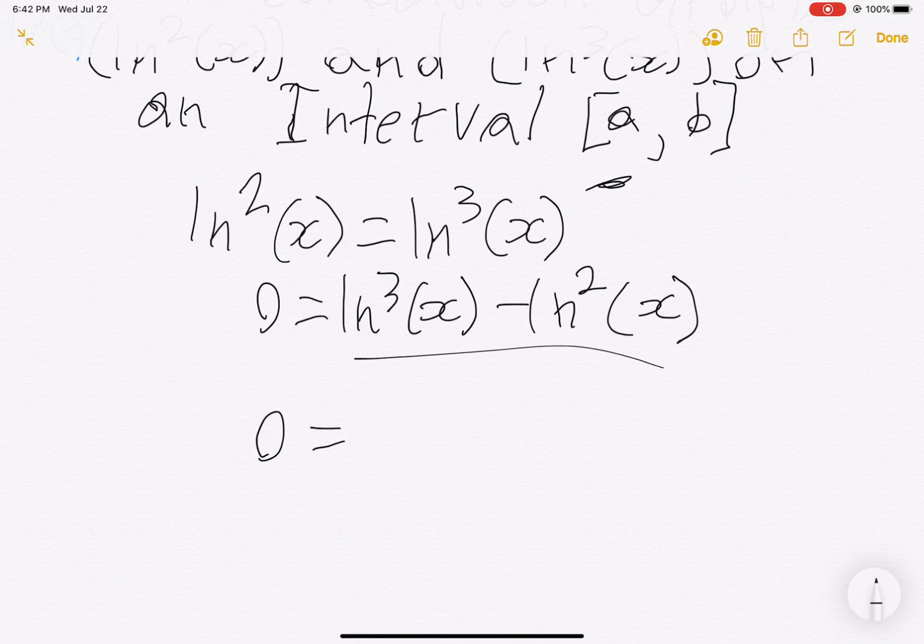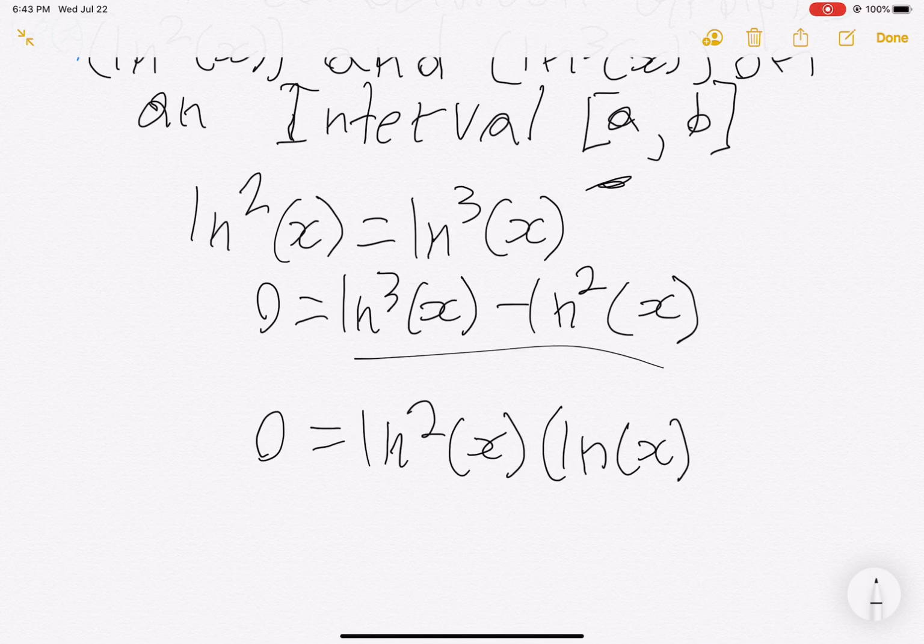So we have 0 equals ln squared of x times ln of x minus 1.